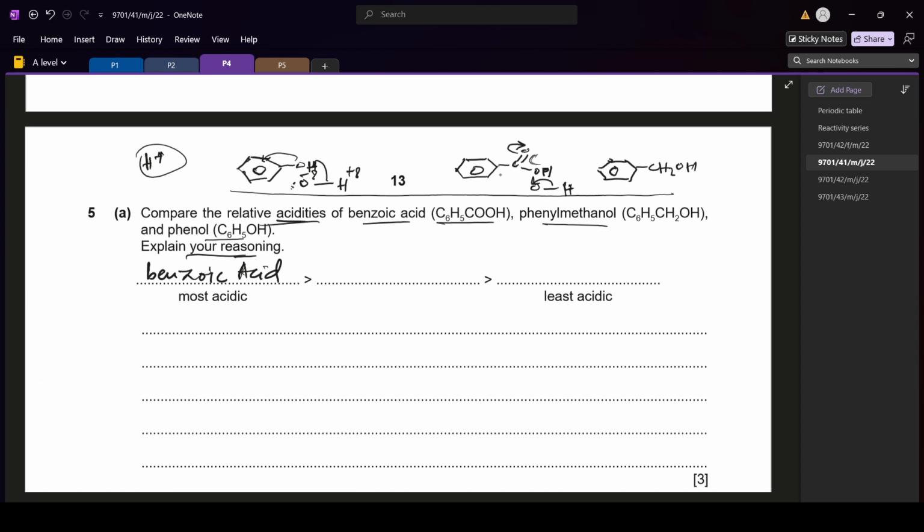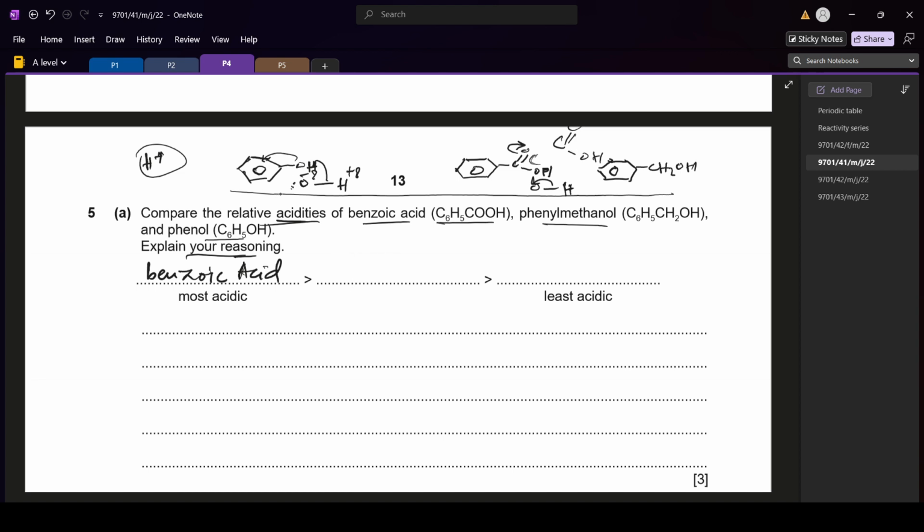As you can see, carboxylic acid is more acidic than alcohols or OH groups, because the carboxylate group has greater delocalization. So the OH bond is weakened, and there are two electronegative groups attached, which are both oxygens.